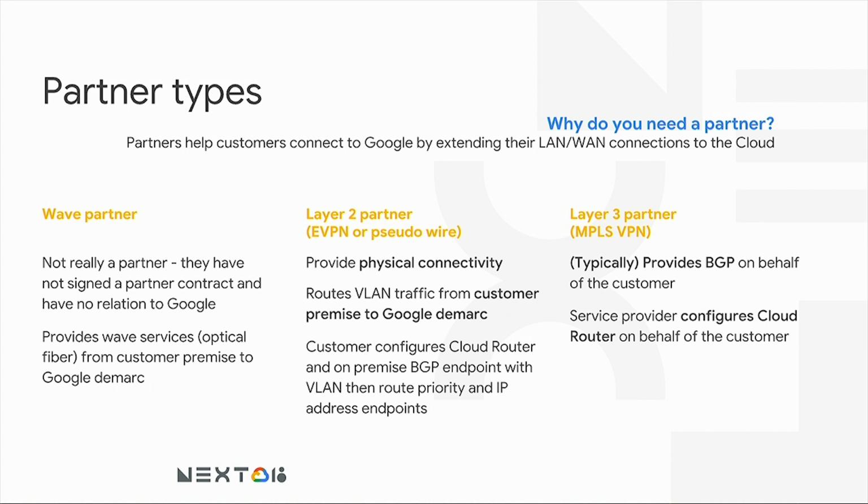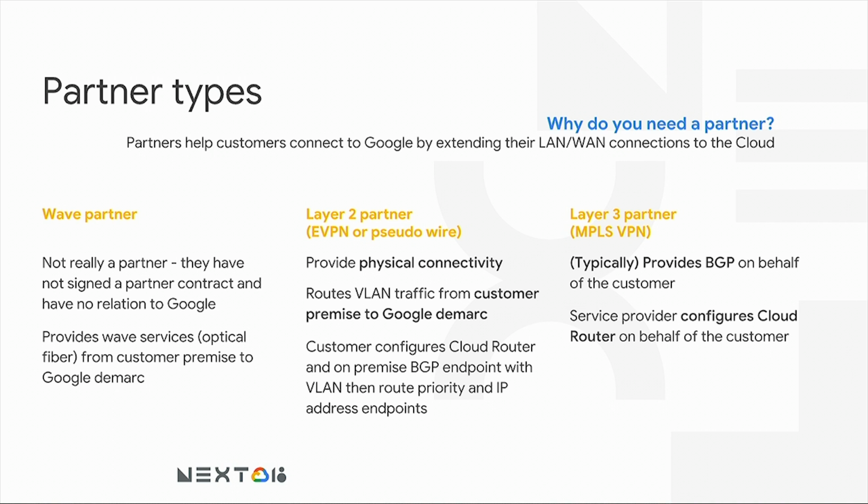They're wave partners. Wave partners are providing you a physical optical cable from your location to a Google location. In that use case, you're actually using the dedicated product, but you're using it as if the optical fiber was an extended cross connect. So you would hand your LOA to your wave partner, and they would figure out where they're meeting us, or you tell them where you want to meet that fiber, and they would hand it over to whoever's providing the patch panel in that location.